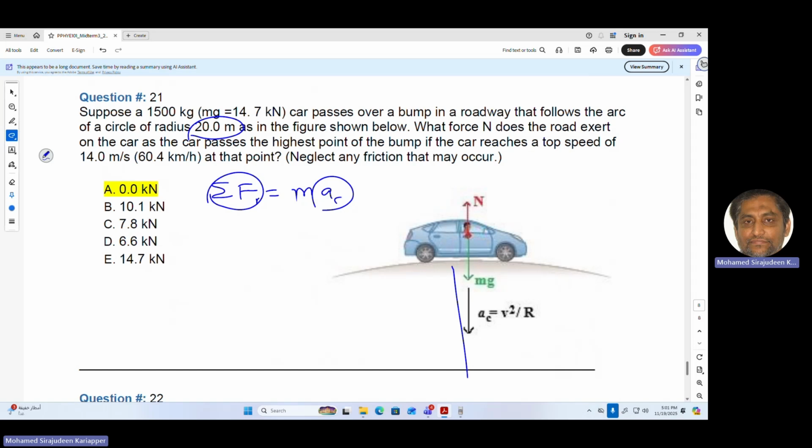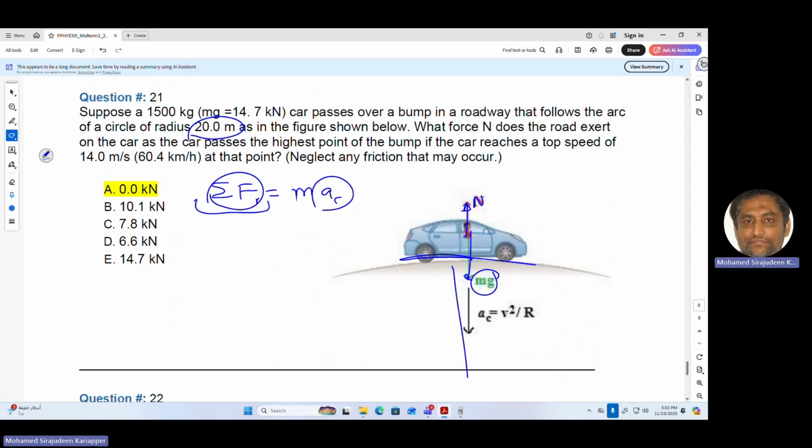So we have to have the free body diagram, that means show the forces already there. Of course, there will be friction between the road and the tires. These are tangential, perpendicular to the acceleration direction, so they will not contribute in the acceleration direction. So we only have to worry about the forces that can contribute to the centripetal force.